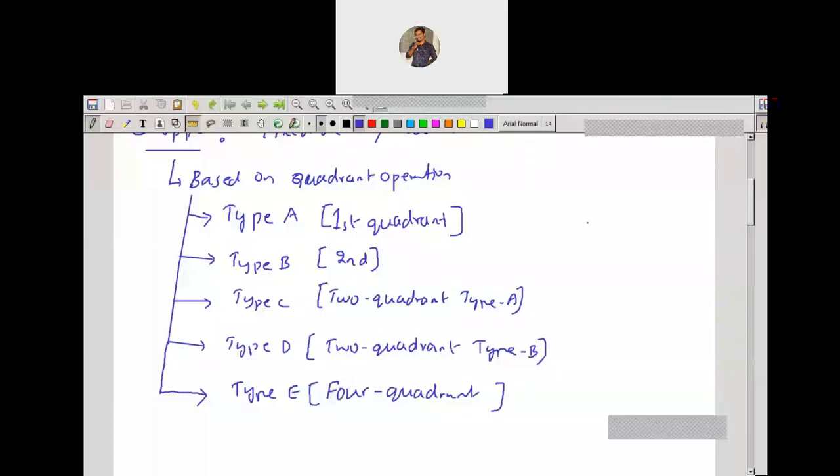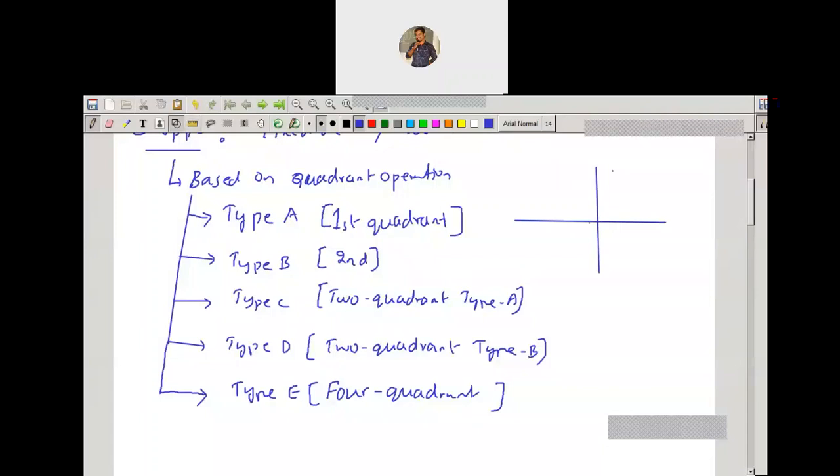So what are the chopper operations? I mean the chopper configurations. You already know the chopper configurations are based on the quadrant operations. So we know basically four quadrants, right?